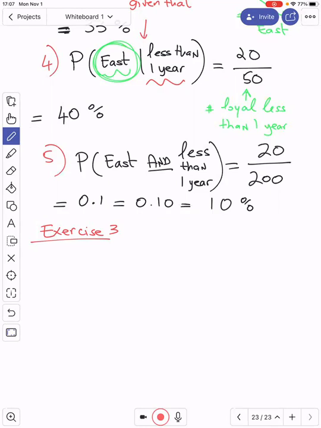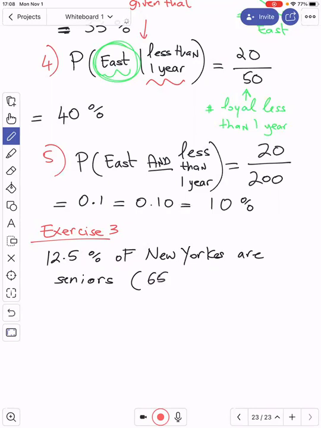Anyway, so let's say we have 12.5% of, let's say, New Yorkers are seniors. So what I mean by senior here, I mean more than 65 years old.